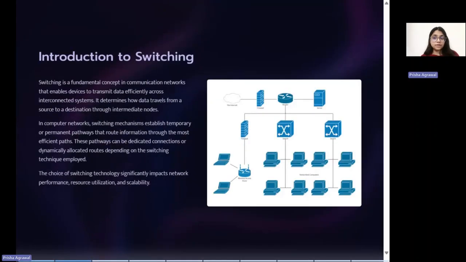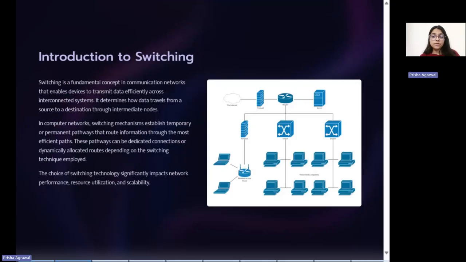In computer networks, switching refers to the process of forwarding data from one device to another through intermediate networking devices. In most communication systems, the sender and receiver are not directly connected. Instead, they communicate through multiple intermediate devices such as routers, switches, bridges, and gateways. For example, when you open a website on your laptop, the request from your computer does not go directly to the web server hosting that website.